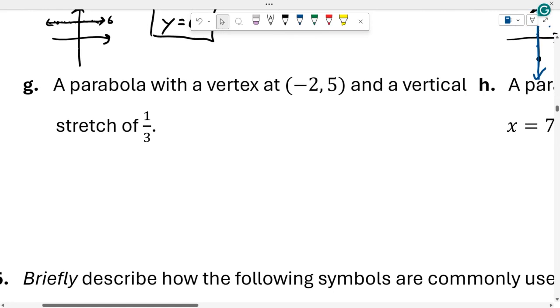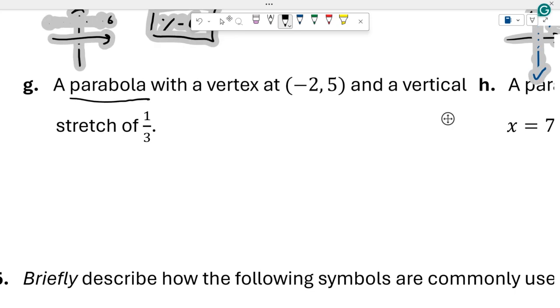All right, G. For the first time in this question, we're talking about something that's not a straight line. For G, we're looking at a parabola that has a vertex at negative 2 comma 5 and a vertical stretch of 1/3. We can't use point slope or slope intercept form because this is not a straight line.